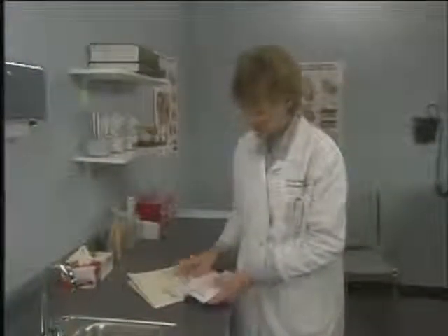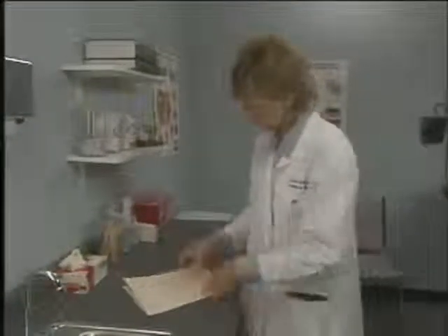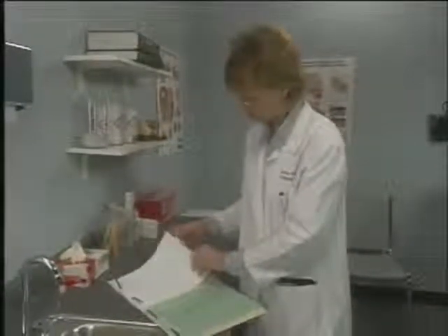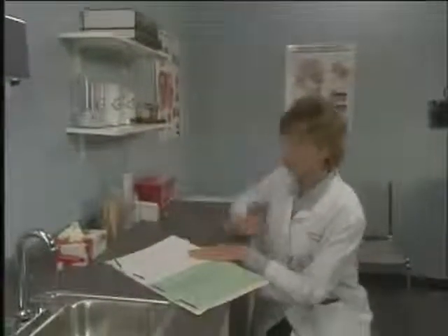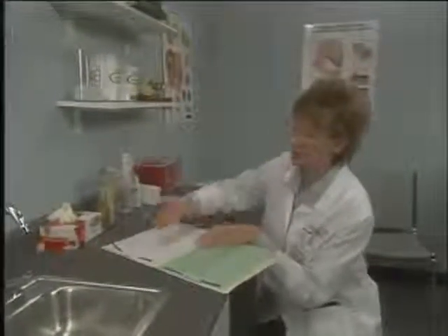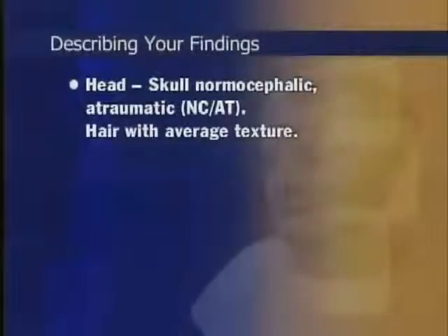A clear, well-organized clinical record, employing language that is neutral, professional, and succinct, is one of the most important adjuncts to patient care. For a healthy patient, your write-up might include language such as: head, skull normocephalic and atraumatic, hair with average texture.